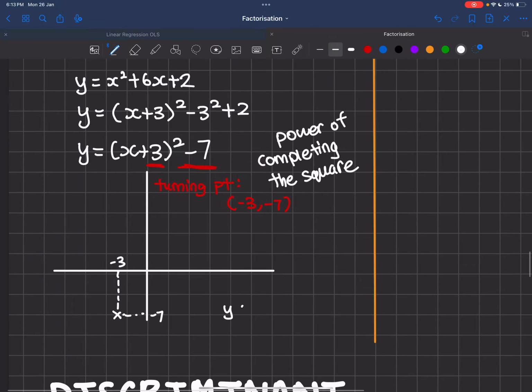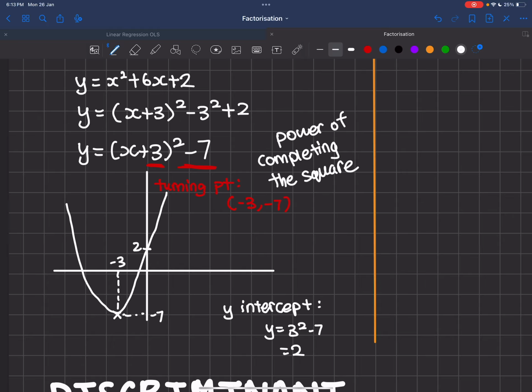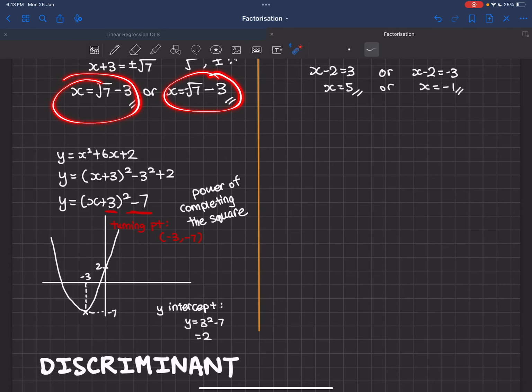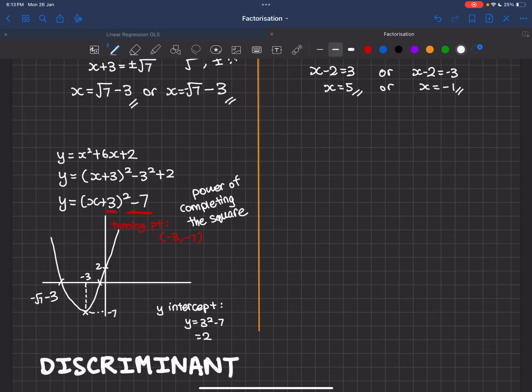So y-intercept, y equals 3 squared minus 7. So y is 2. So our graph will look something like this. And does that align with our two x-intercepts? Yes, it does. Negative 3 minus root 7. This one is root 7 minus 3. So all is good. And that's the power of completing the square.